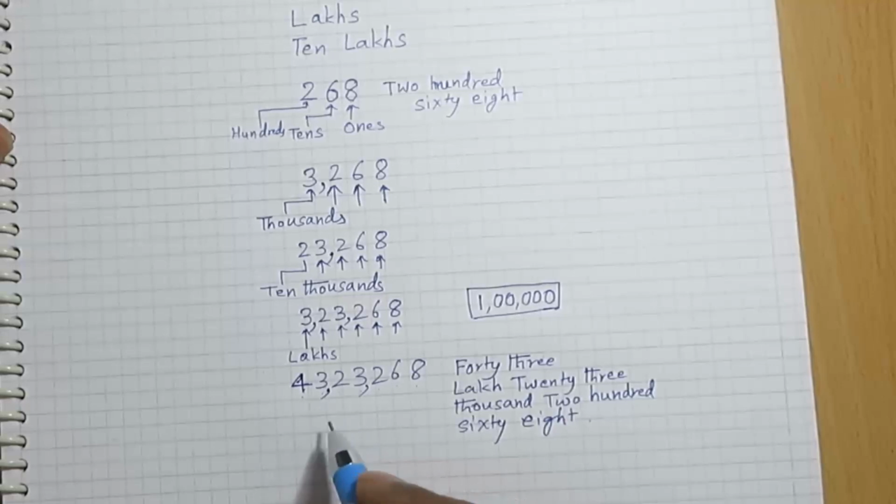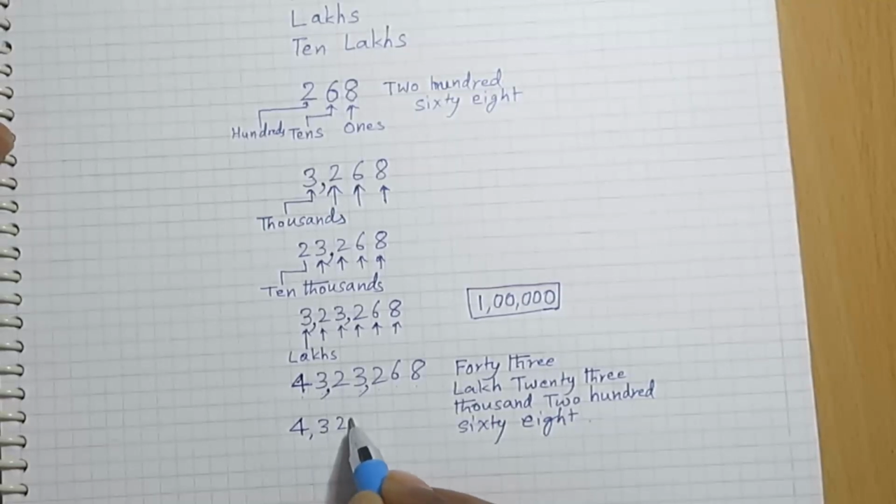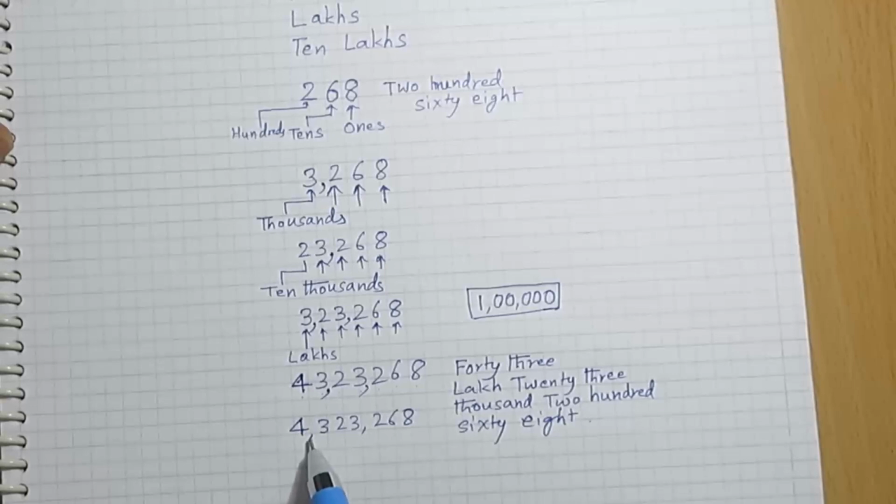So for the international system we will write like this: 4, then comma, 3, 2, 3, comma, 2, 6, 8. So this will be 4,323,268. That is the international system.